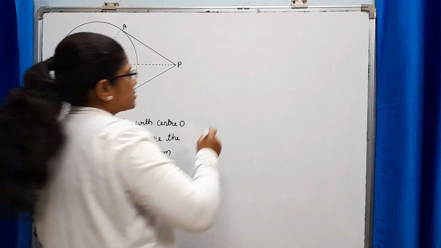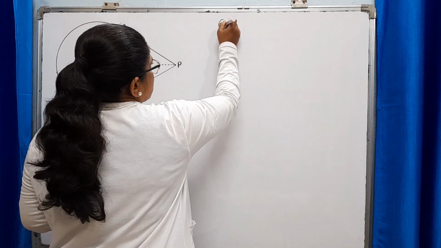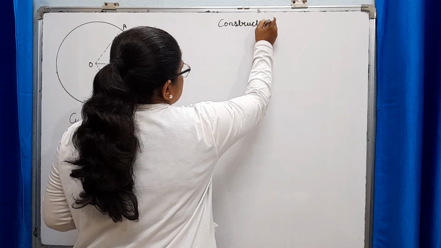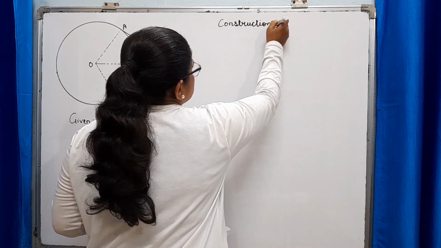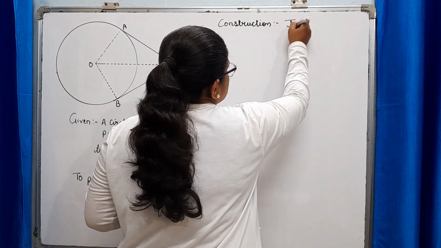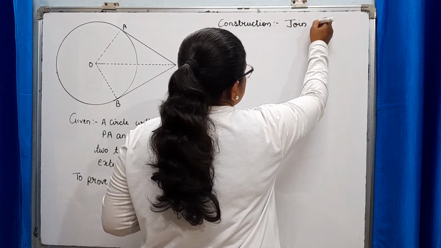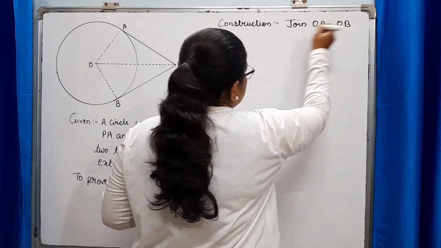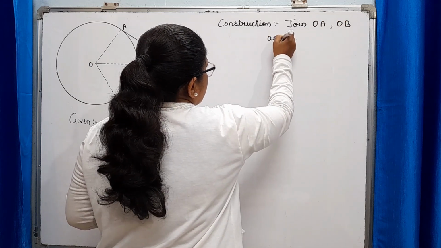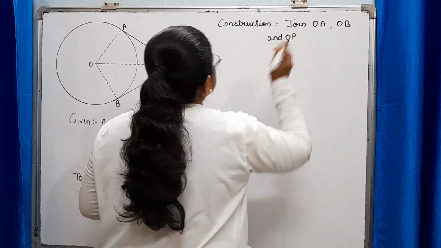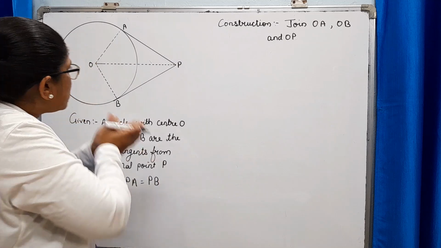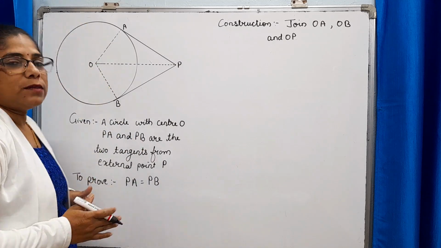Let's write it. Construction: join OA, OB and OP. Now when we draw these three lines, we get two triangles here.